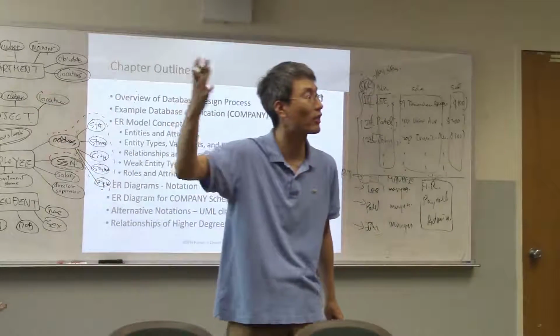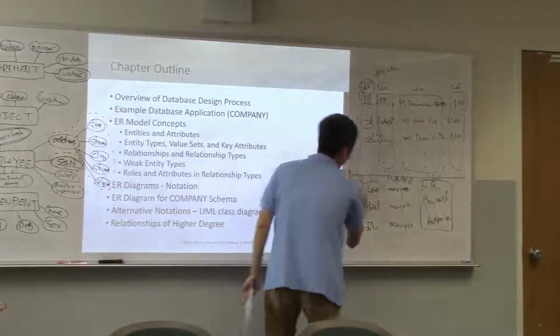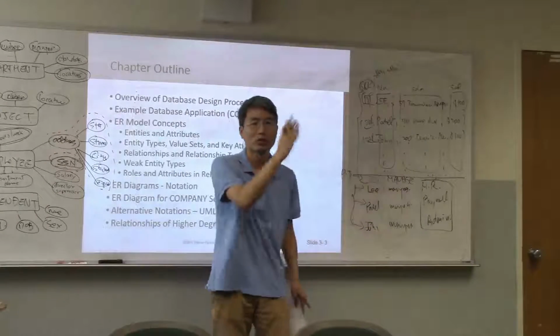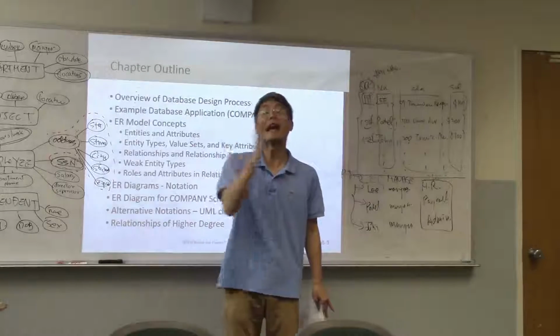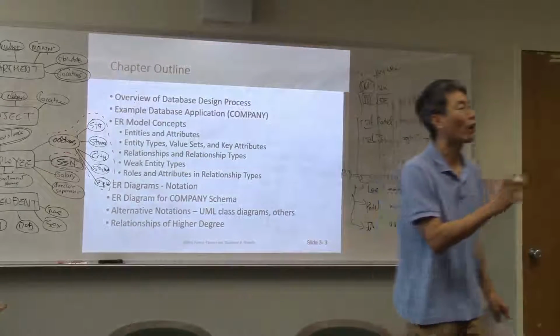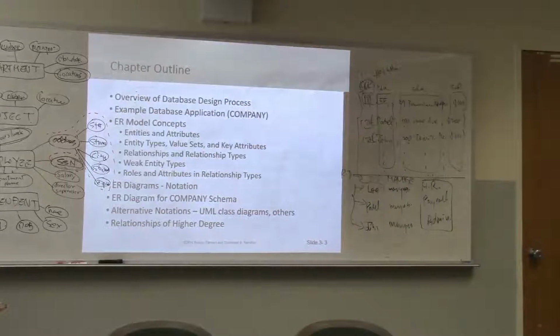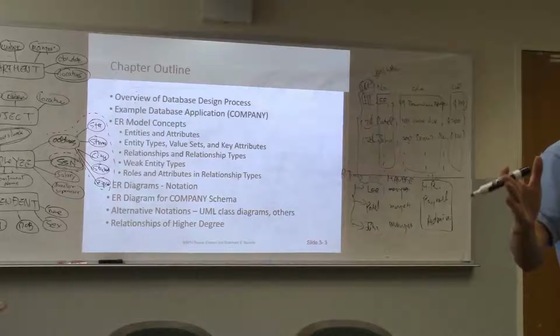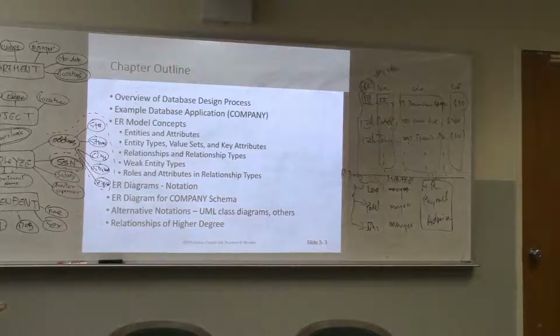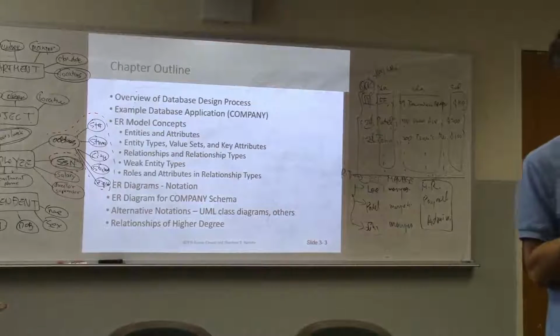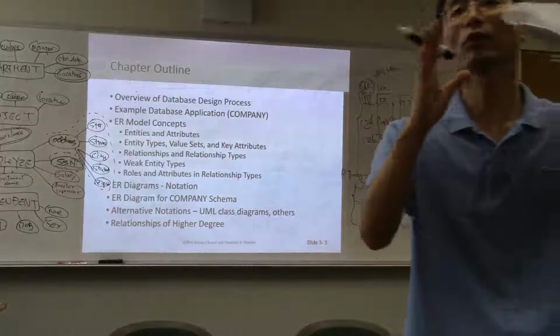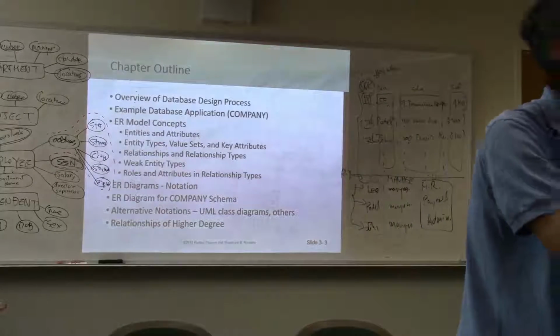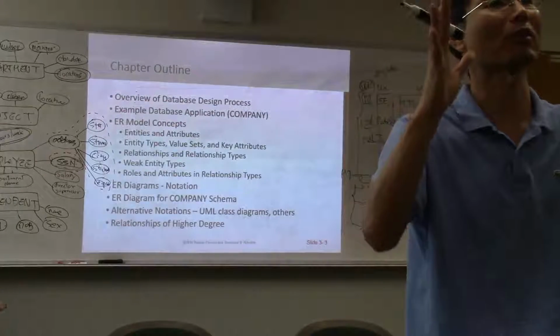A set of entities is an entity type. A set of relationships is what? Relationship type. The next thing is we are going to find such a relationship type. Okay? But as we have done with the entity type, we are going to use relationship type and relationship interchangeably.